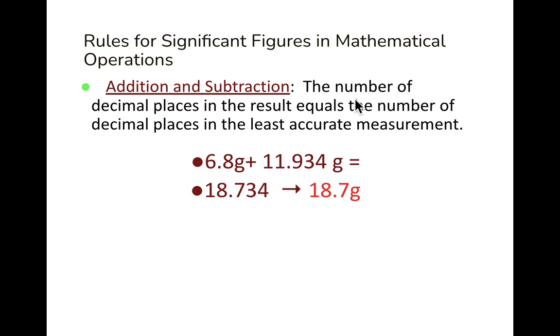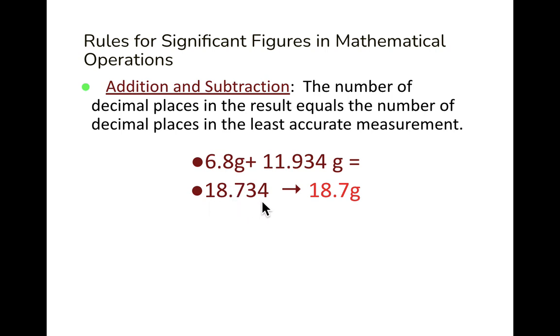But in order to follow the rules of significant figures here for addition and subtraction, you have to round to the least number of decimal places. So since that is the tens place, you would have to round to the tens place.